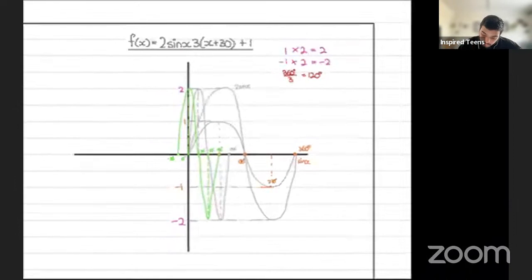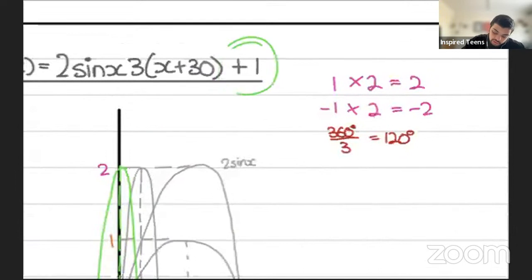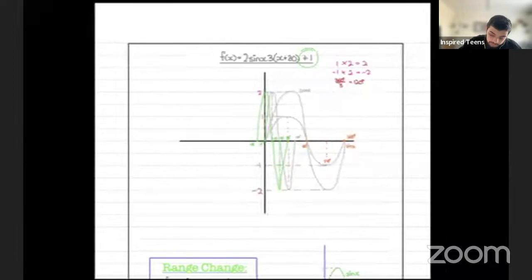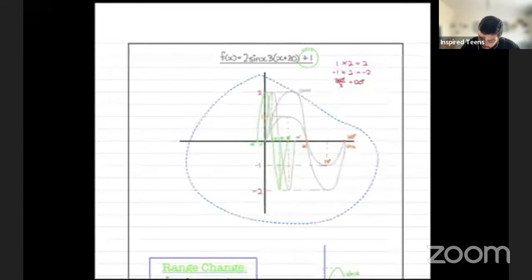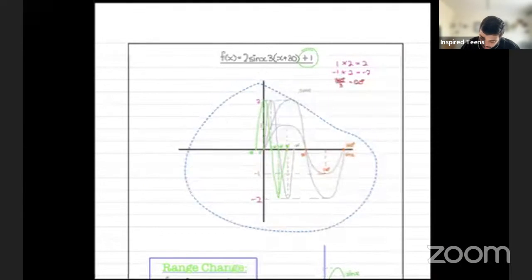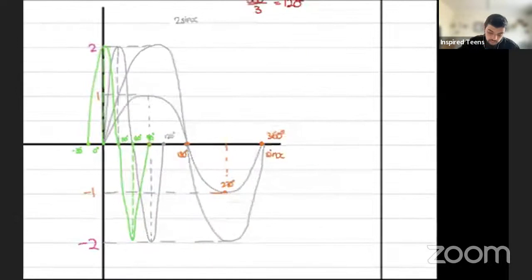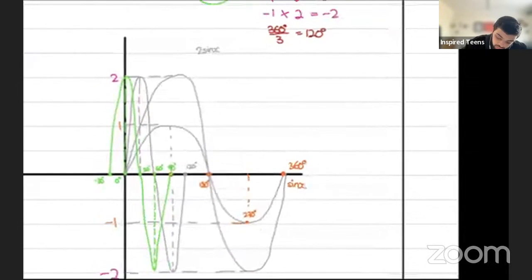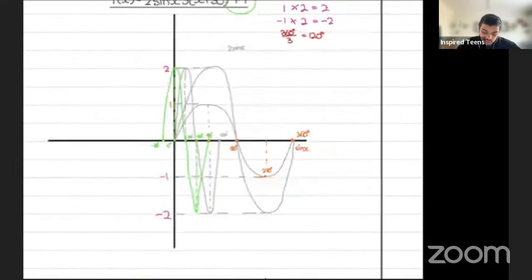Okay, so now let's make the final change. They want us to shift 1 unit up. Okay, so 1 unit up, that's not going to be a problem. Let's do this. Okay, so they want us to shift 1 unit up.